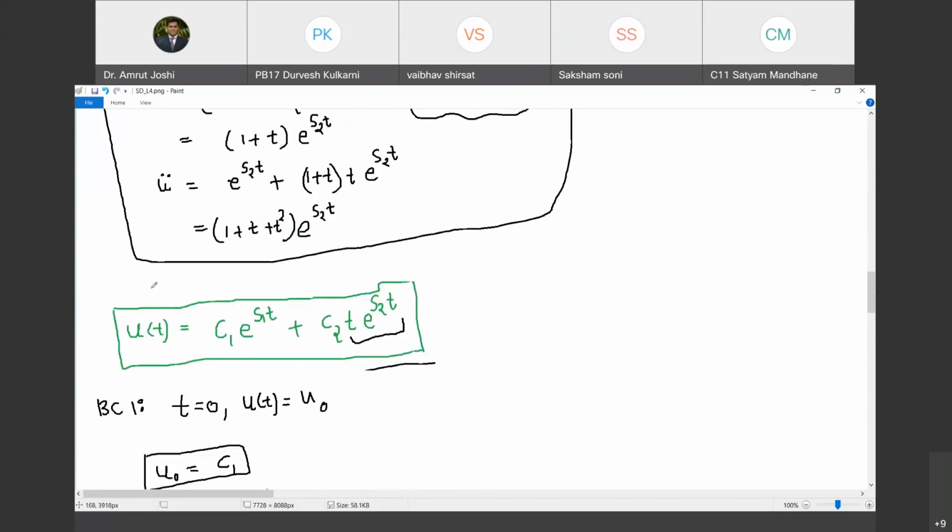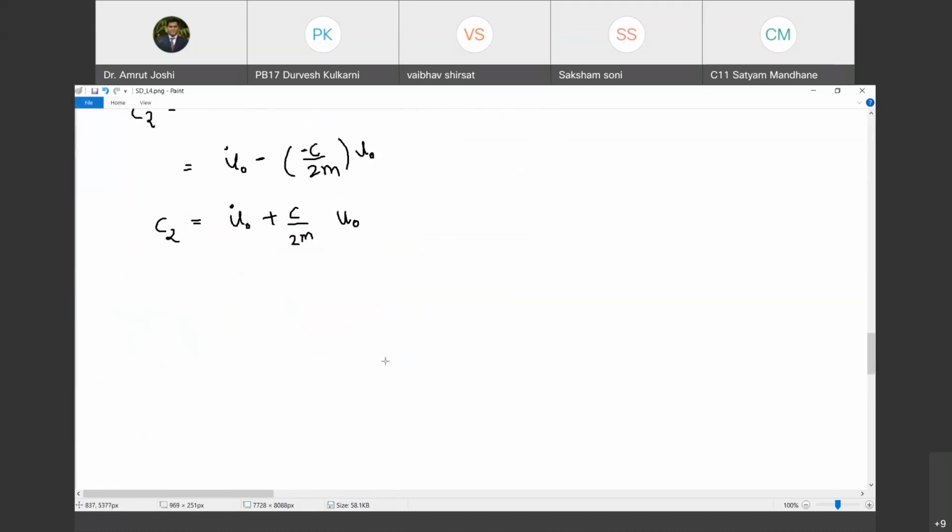So what is the general solution? Now let me rewrite this general solution in terms of c1 and c2, which we have evaluated.